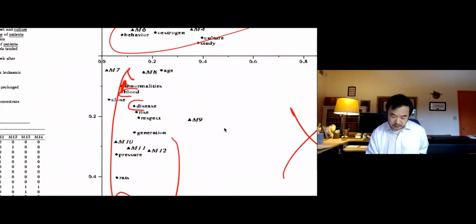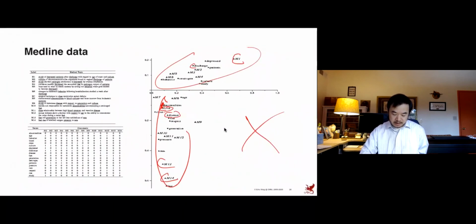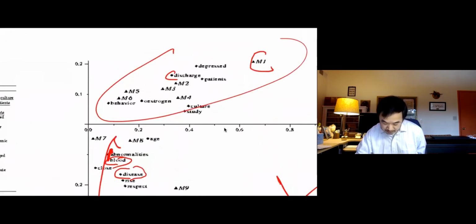You can see disease, for example, this word, and another word called blood. Maybe you can already guess that this particular dimension represented by one eigenvector corresponds to a disease of the blood or something. And here we have words like depressed and, I don't know, culture.